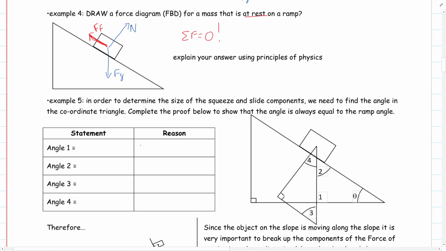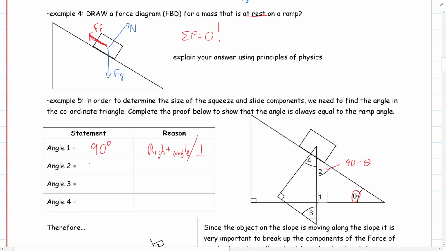angle 1 is 90 degrees. The reason? It's a right angle, or they're perpendicular. Straight down and straight horizontal. Angle 2: if this is theta, then angle 2 has to be 90 minus theta, because the sum of the angles in the triangle is 180.